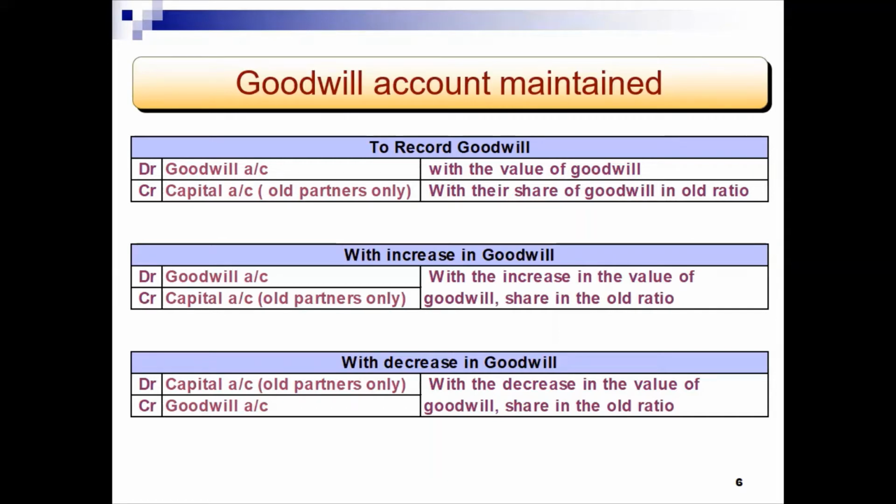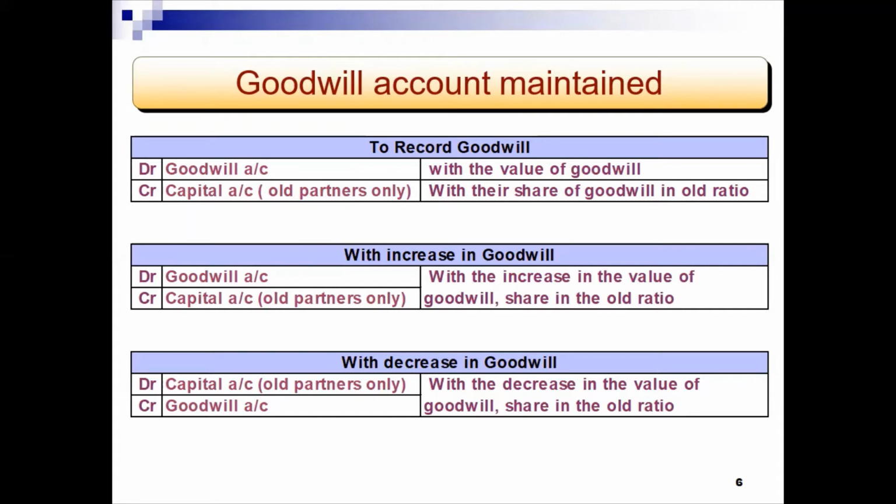A situation may occur whereby a goodwill account was already opened before, and now upon admission of a new partner, the value of goodwill is determined to have increased. If the value of goodwill increases, then debit goodwill account with the increase in the value of goodwill, and credit the partners' capital accounts for the old partners with their share of the increase in goodwill in the old profit sharing ratio.